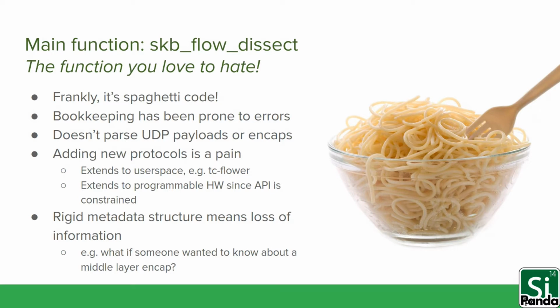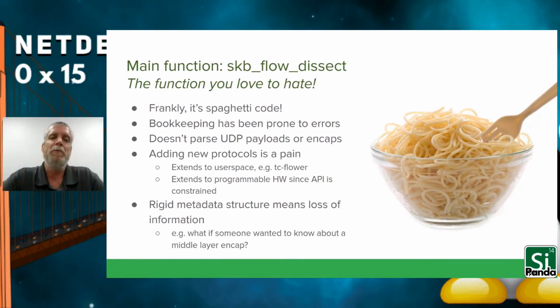So in other words, we can't parse a header if it doesn't fit into the packet. So each time we hit a header in flow dissector, we have to check the length, which is probably something like an SKB pull up to load it into linearized header buffers so that we can immediately parse the headers. This one thing has actually created a lot of problems, especially when new protocols have been added that are a little more fringe and don't get a lot of testing. So we have had issues there.